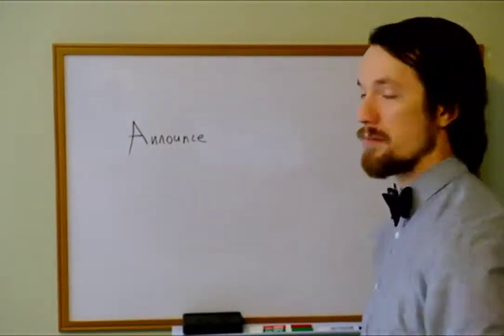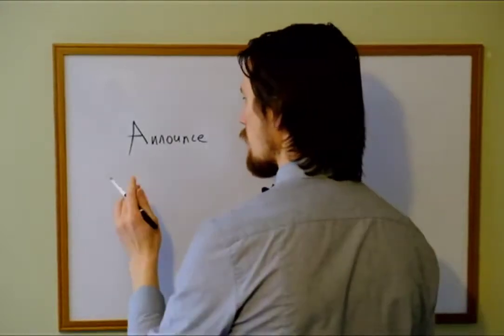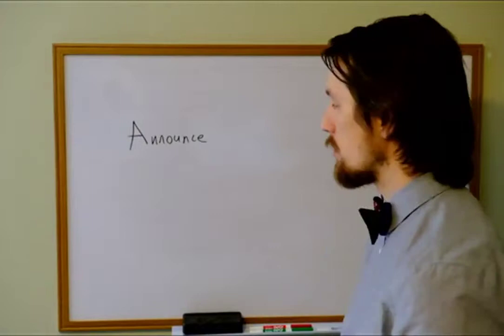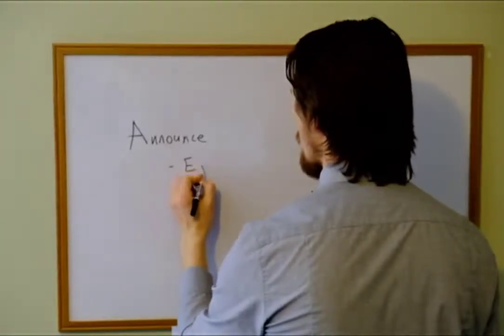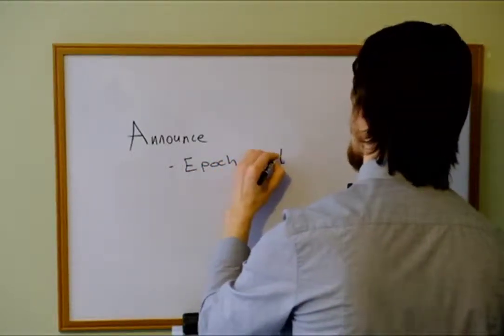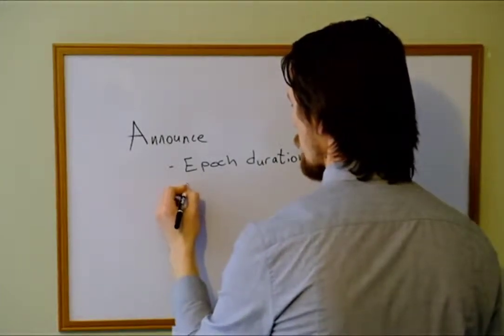So someone makes a message to announce the new committee. The announcement will have some metadata associated with it, namely the epoch duration and the resource test duration.